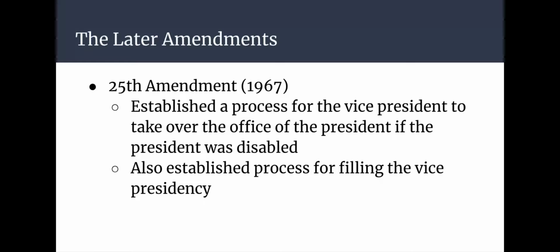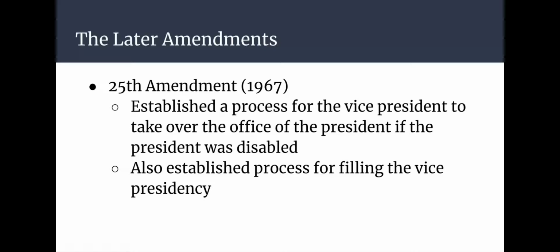In 1967, you had the 25th Amendment, which established a process for the vice president to take over the office of the president if the president was disabled. Until this point, if the president was incapable of fulfilling his duties, whether it be a physical issue or an assassination attempt, the president was still the president.